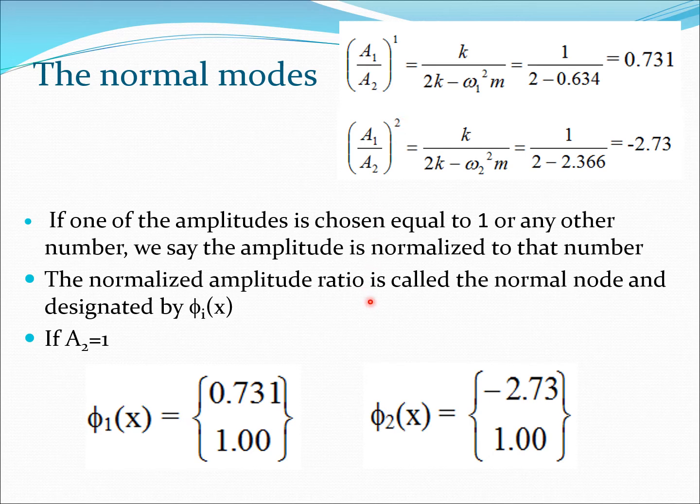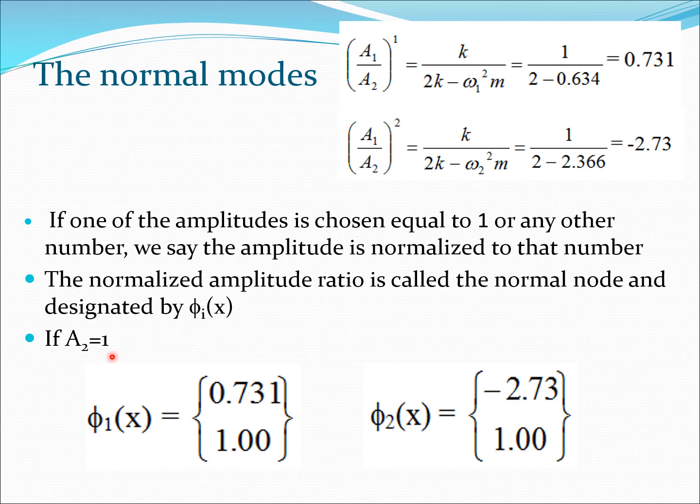Now, like I mentioned before, we can only find the ratios of these amplitudes. Therefore, what is done is that one of these can be set to 1 and the second number can then be found. So let's set A2 equal to 1.